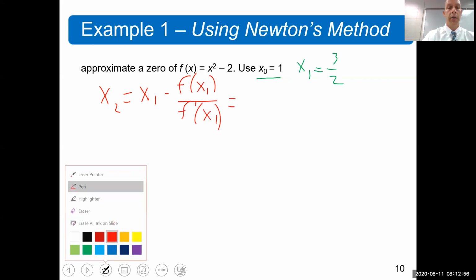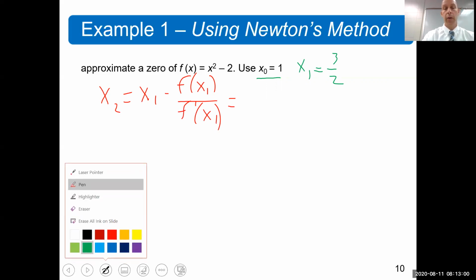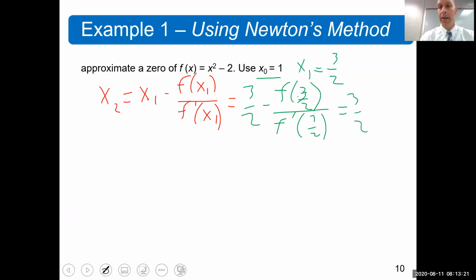In other words, what we're going to get here, and I'll just go ahead and use green, is 3/2, that was x sub 1, minus f of 3/2, that's 1/4, sorry, it's ugly, divided by f prime of 3/2, and again, that's 3. I've already done all of this work, but I'm going to go ahead and show you the steps anyways.